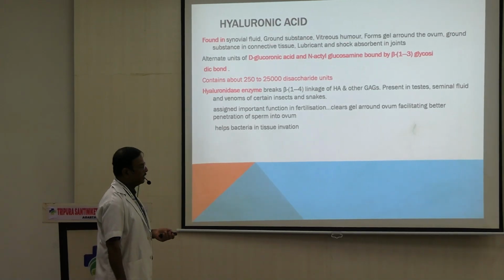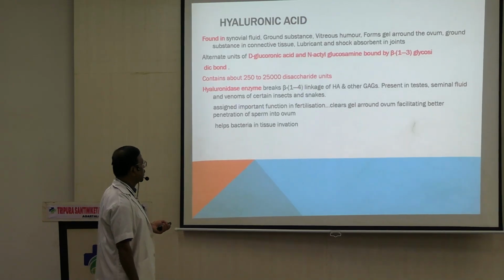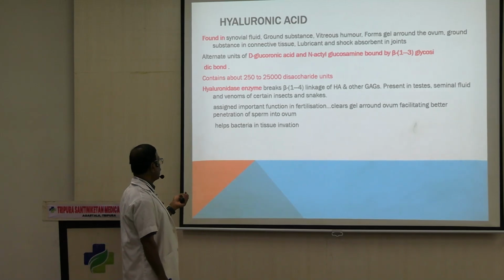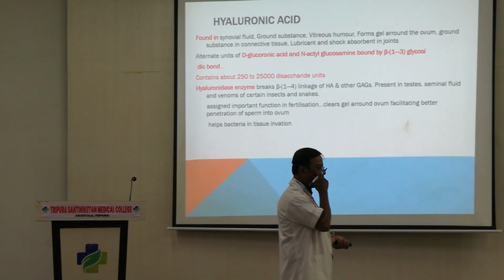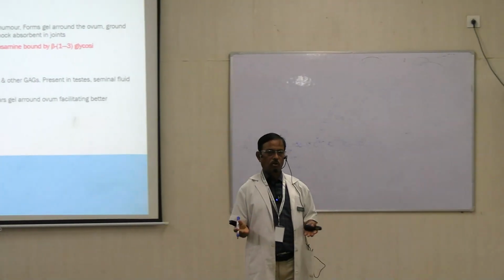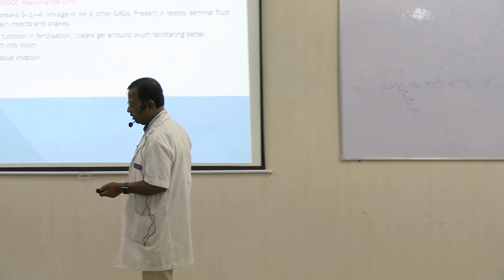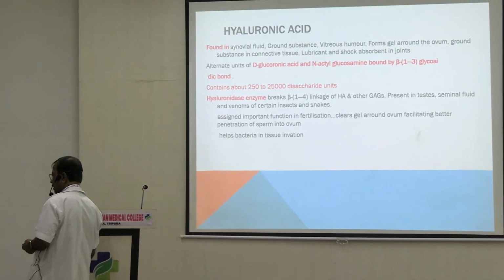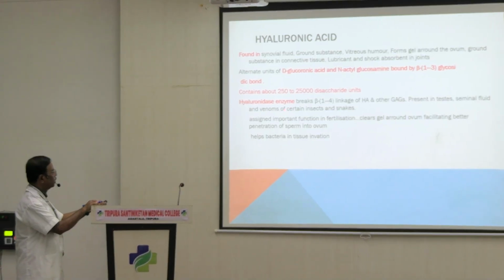Hyaluronidase is the enzyme which can break the beta 1,4 linkage of hyaluronic acid and other GAGs. It is present in testis, seminal fluid, and venoms of certain insects and snakes. You have seen that if some insect or snake bites, there is a bleeding disorder, because the extracellular matrix is hydrolyzed by the hyaluronidase enzyme.